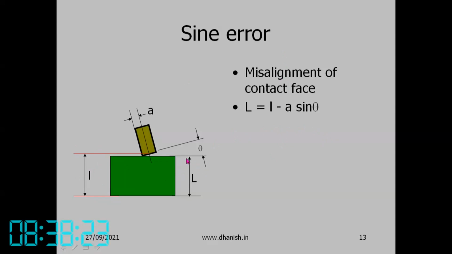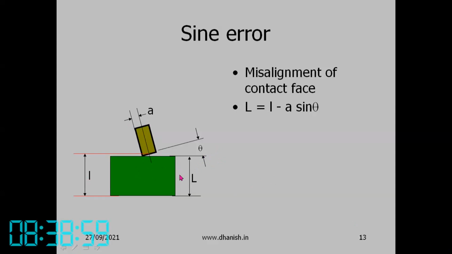So here capital L is the true object length, small l is the measured apparent length. The contact face is of radius A, or half the contact width is A, and the contact face is misaligned with the workpiece surface through an angle theta.